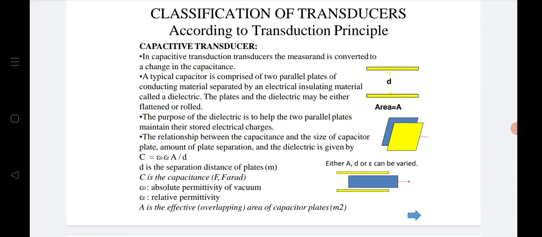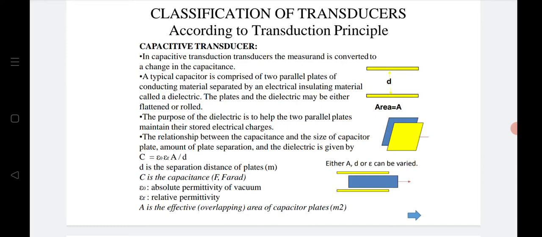It is given by C = ε0 εr A / D. D is the distance of separation of the plates, measured in meters. C is the capacitance, measured in farads. ε0 is the absolute permittivity of vacuum, and εr is the relative permittivity.